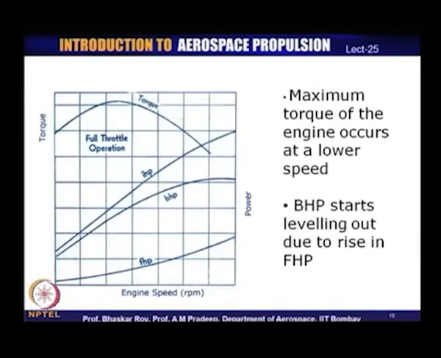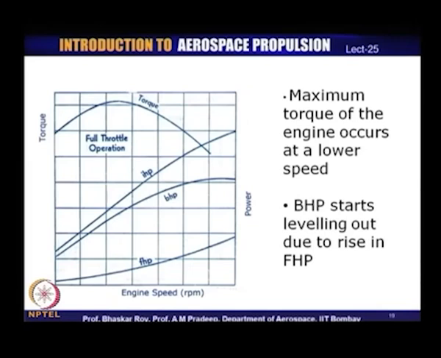The maximum torque of the engine occurs, as we now see, at a somewhat lower speed, and the IHP keeps going up, as we have seen in the last graph, whereas the BHP, which takes into account now the FHP, keeps going up, and then somewhere over here the high FHP forces the BHP to level off, and it plateaus.